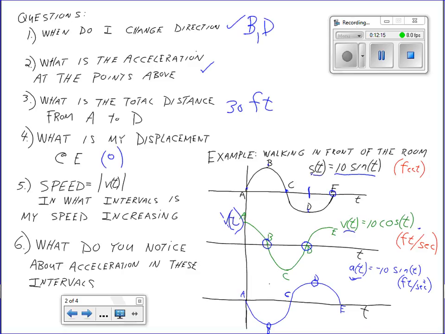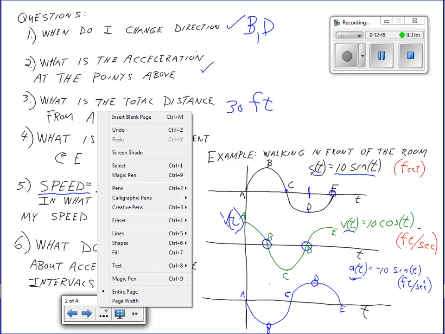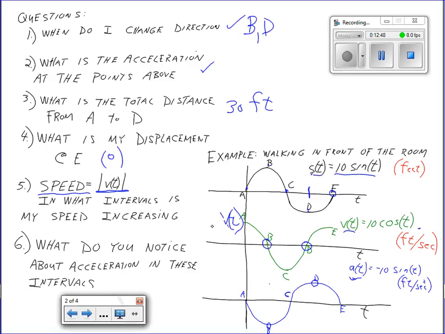Okay, speed. You'll get these questions. What is the speed? Speed, you have to know, is defined as the absolute value of velocity. When you're driving in your car, your speedometer never goes negative, does it? If you're traveling east on Broad Street or west on Broad Street, you're going to get the same reading. It gives you the absolute value. Let me draw speed here on the velocity.